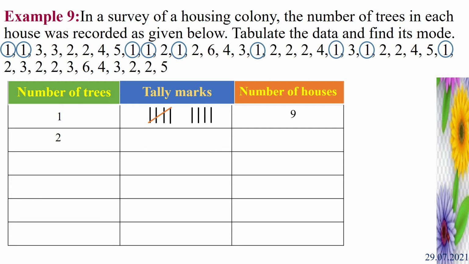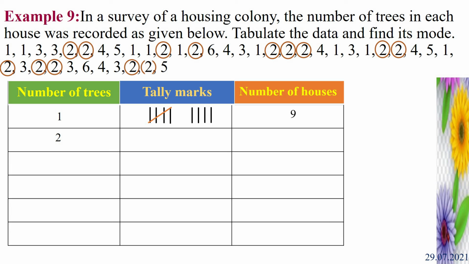Next we move on to number 2. How many houses have 2 trees? 1, 2, 3, 4, 5, 6, 7, 8, 9, 10, 11, 12, 13, 14. So 14 houses have 2 trees.